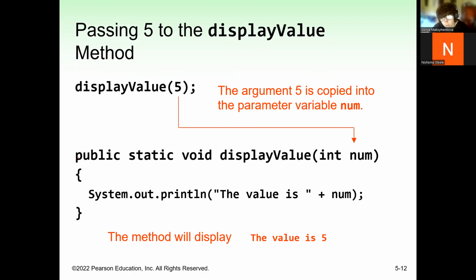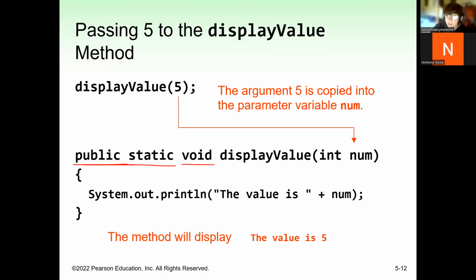Yeah, so let's look at this one. We have our public static void display value integer num. So let's go through each of these things. So public, what does public tell us? Public tells us that this method is available to everybody who wants to use it. Now, static just means that it belongs to a certain class.